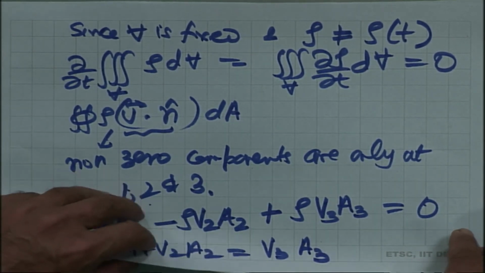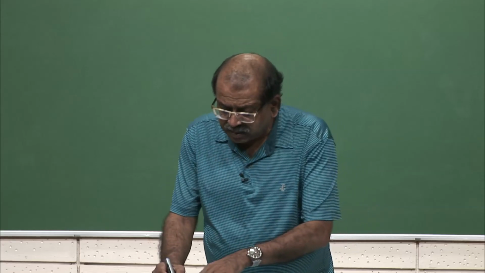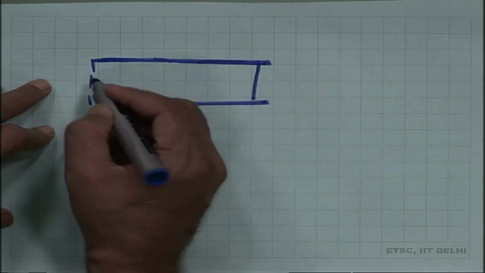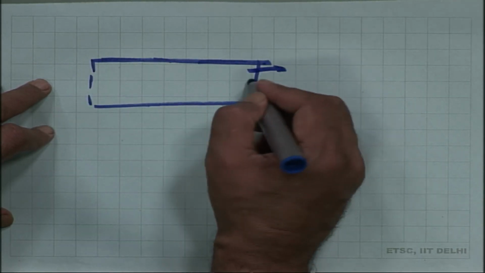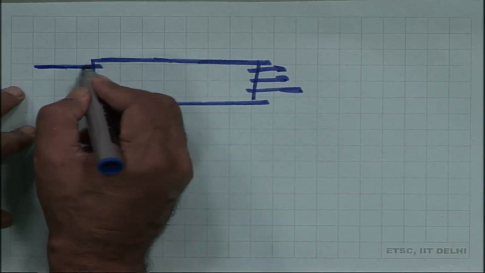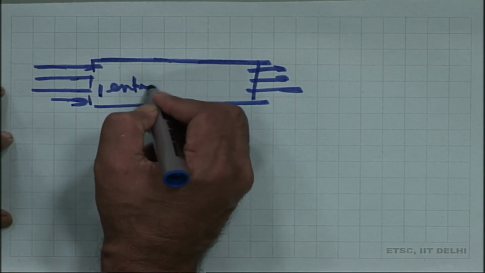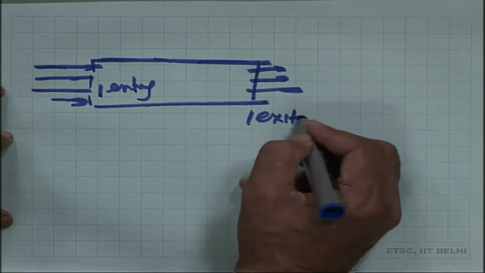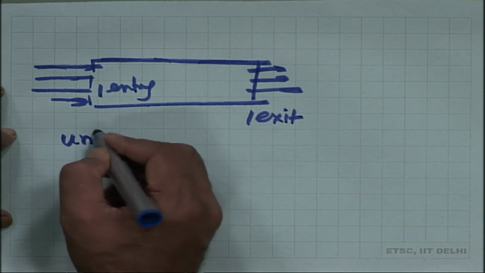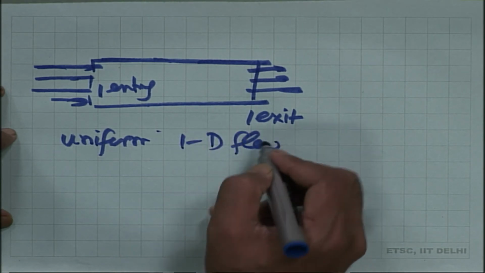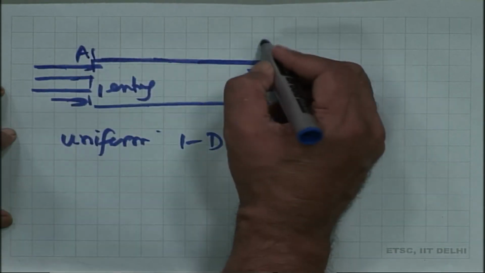So, this is what we get, and sometimes if we have a control volume with one entry and one exit, and both of them have uniform, 1D flow. Then this is A 1, this is A 2.